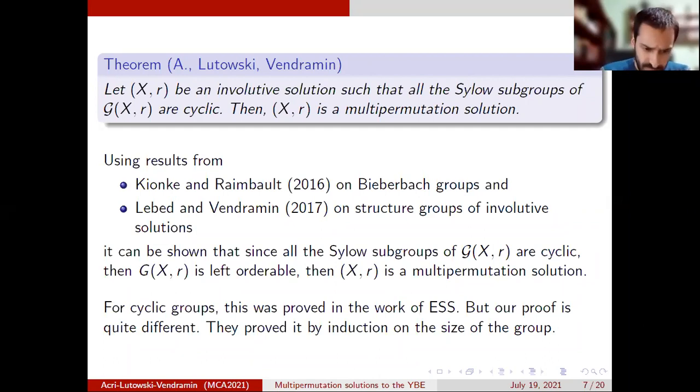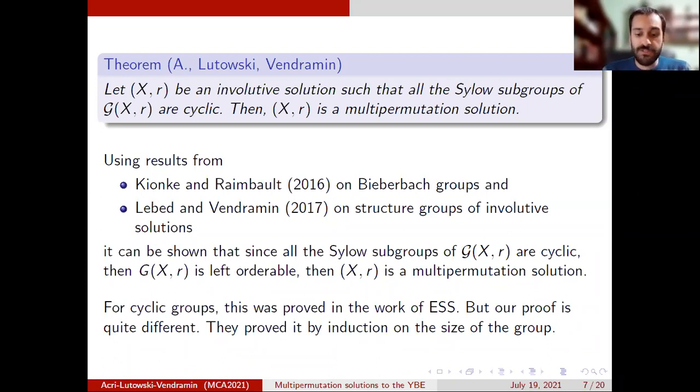When the permutation group is cyclic, this result was known from the work of Etingof, Schedler, and Soloviev again, but the proof is by induction, and our proof needed the geometric approach.